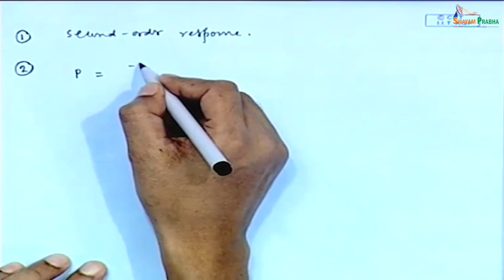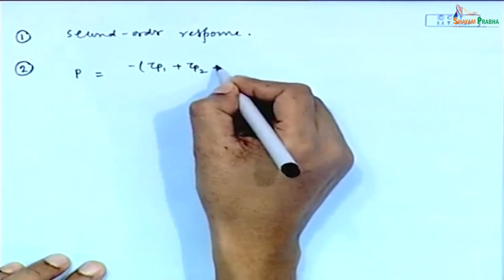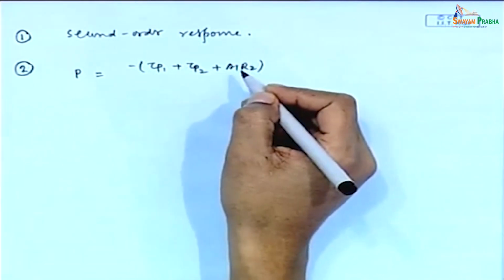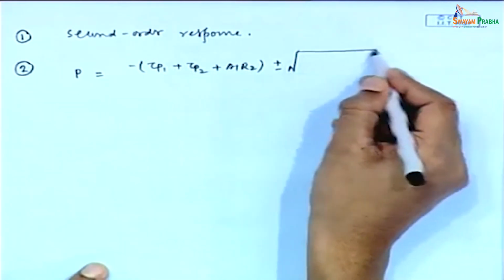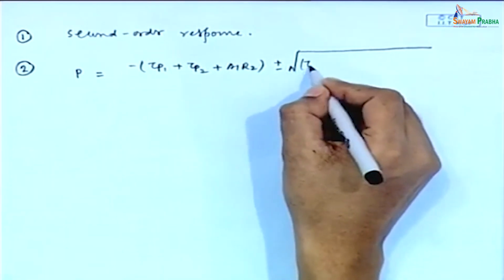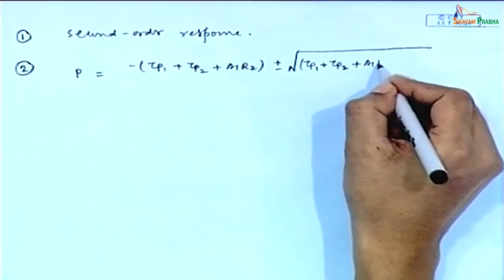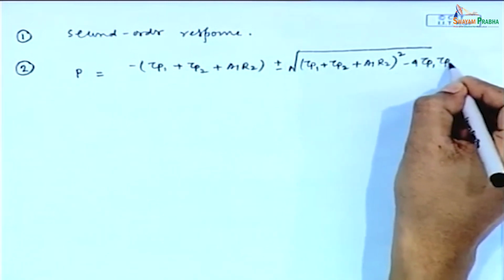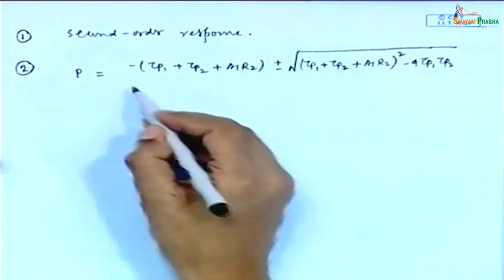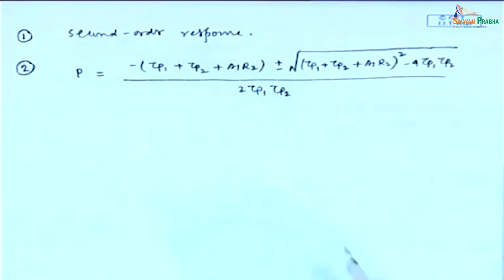So, the roots we can write in this form: tau p1 plus tau p2 plus a1 r2, plus minus root over (tau p1 plus tau p2 plus a1 r2) whole square minus 4 tau p1 tau p2, divided by 2 tau p1 tau p2.